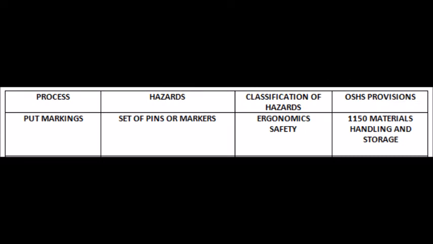For this process, the classification of hazards are safety and ergonomics. Ergonomics for the repetitive action of putting the markings for the roof frame. The OSHS provision for this process is 1150 or materials handling and storage.